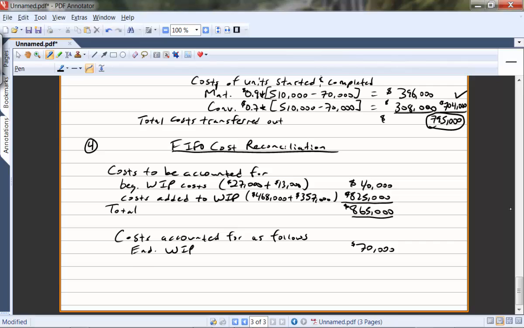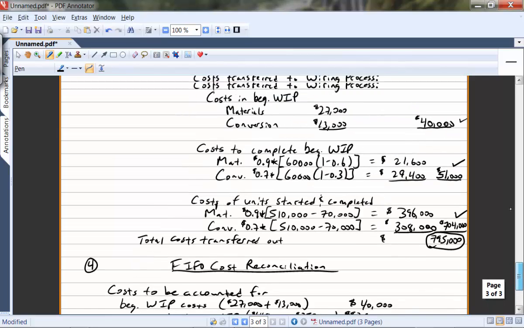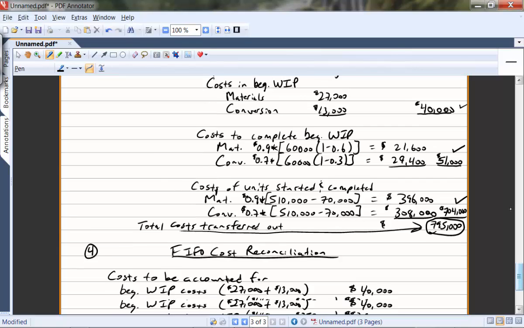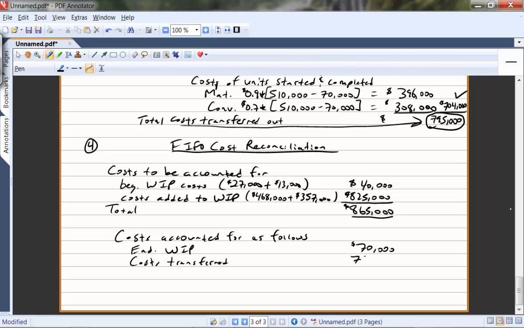And then we have our cost transferred to the wiring department. We estimated that, which was right here, 795,000. And if you add these together, indeed you get 865,000. So we can check ourselves and say that we're at least on the right track.